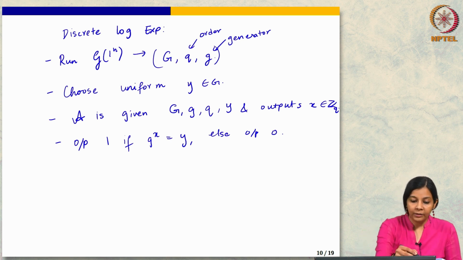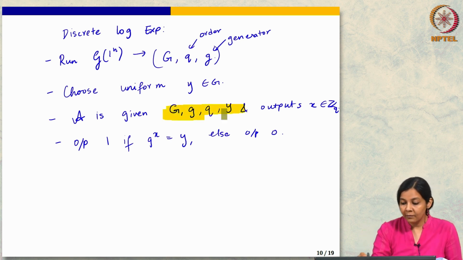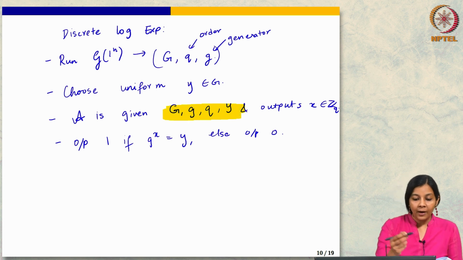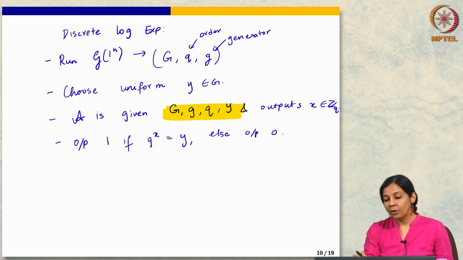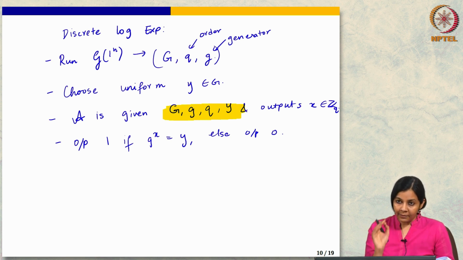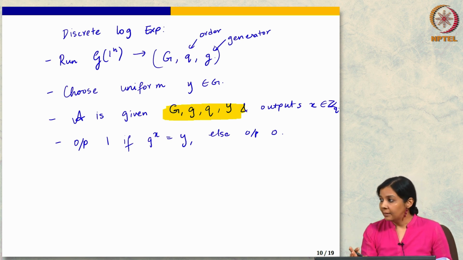So, this is already written here. So, what all is A given? For any PPT adversary who is given all this, if it outputs an x such that g to the x is equal to y, then we say that the adversary has won, and the assumption is that the probability that any adversary can do this should be negligible in n. This is the discrete log assumption.